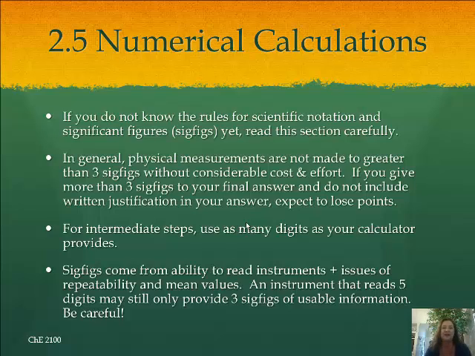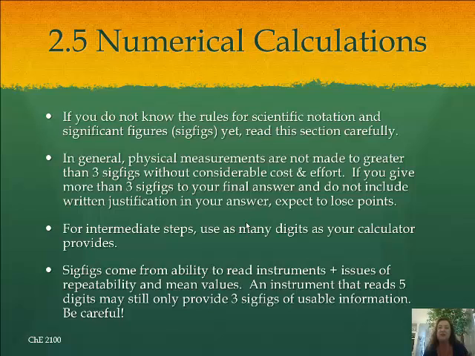Now, numerical calculations. Again, I am treating this as if you have had an introduction to engineering kind of course. So you should know rules for using scientific notation. You should be somewhat familiar with significant figures, or I'll just call them sig figs. Okay? Read this part of the book carefully if this is not familiar to you.